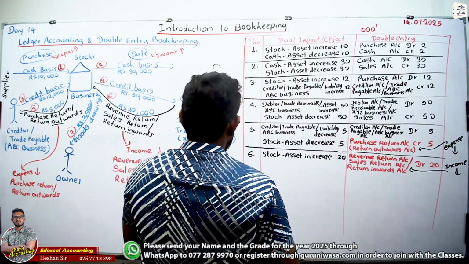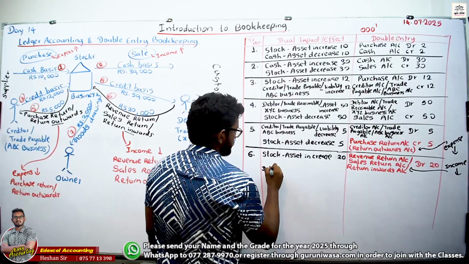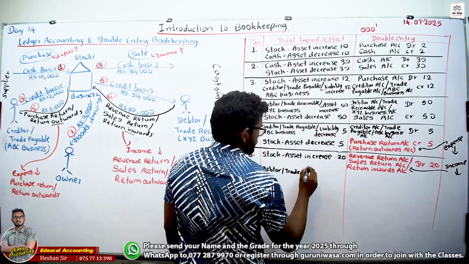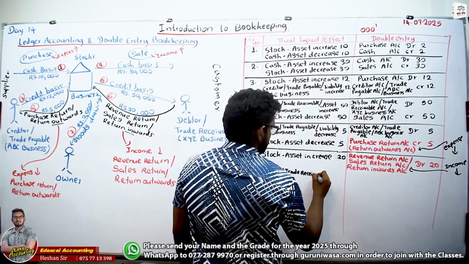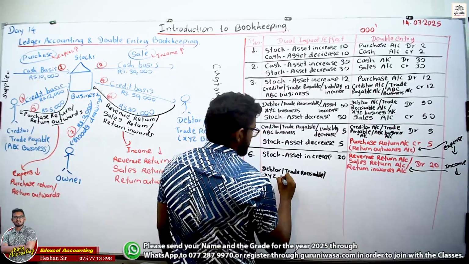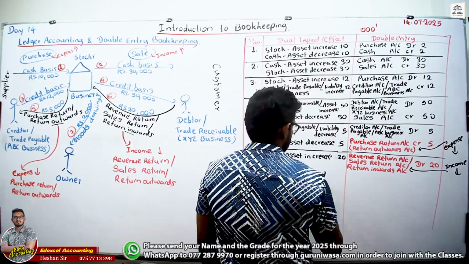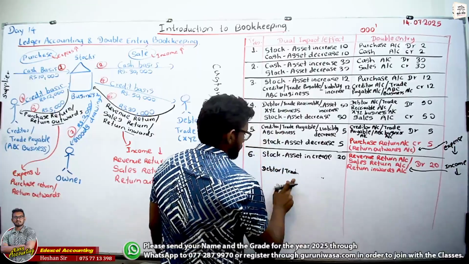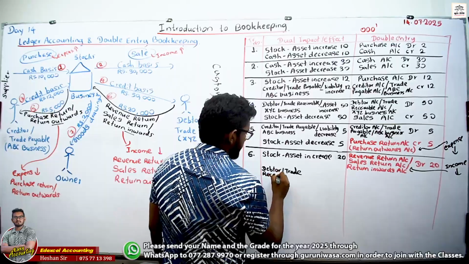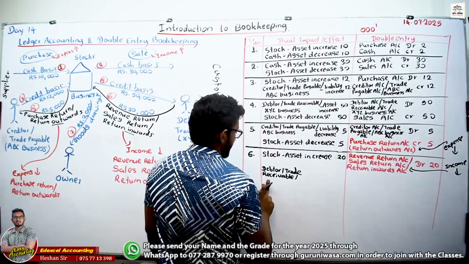Right? So the other thing, debtor, trade receivable, so XYZ business, trade receivable for ABC XYZ business.